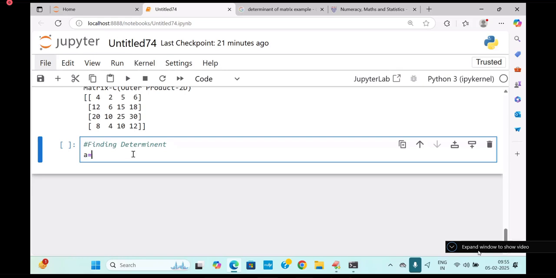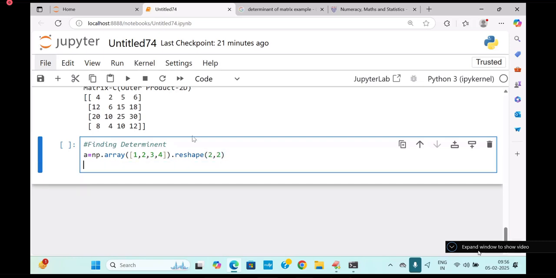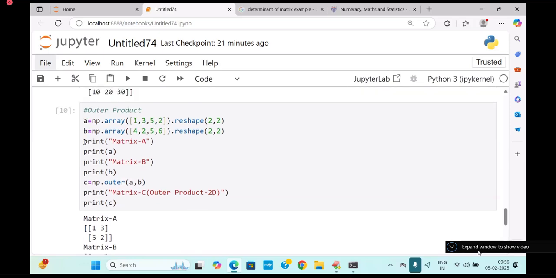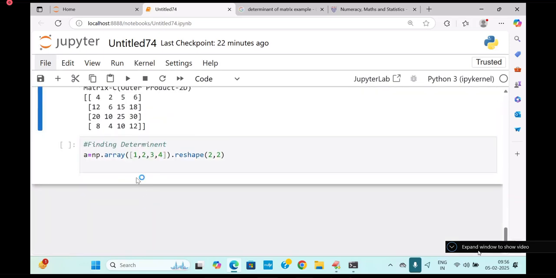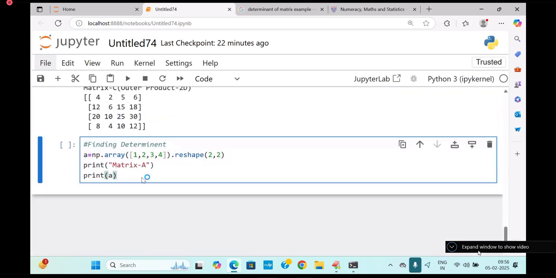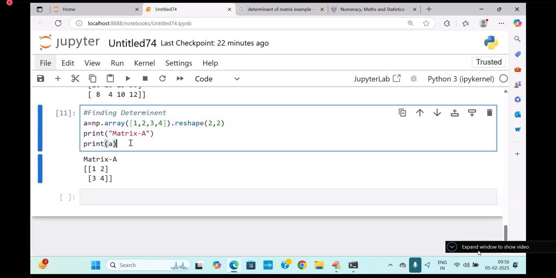A is equal to np.array of 1, 2, 3, 4, dot reshape of 2, 2. And matrix A I will print. Now I want to find the determinant.